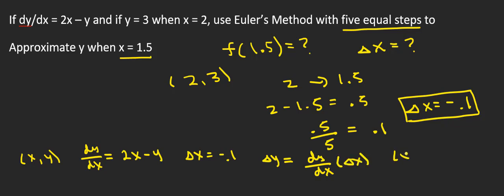And your new point is going to be x plus delta x, comma, y plus delta y. So what you want to do is start from 2, 3. Plug it in to get the dy over dx, and then you get delta y, and then you add those new delta x and delta y to x and y to get the next value. And you have to get to where x becomes 1.5. It's a little tedious, but you could do it.